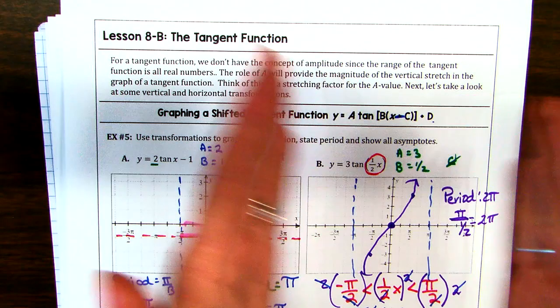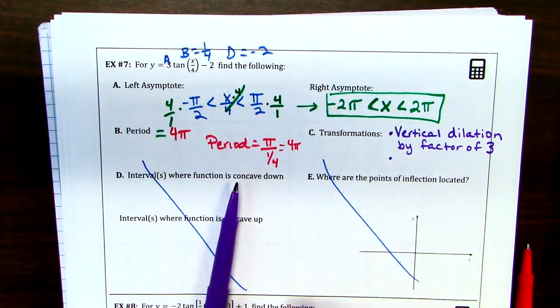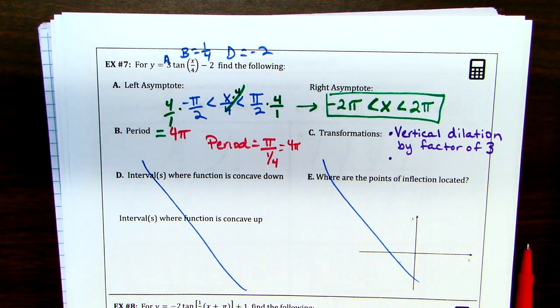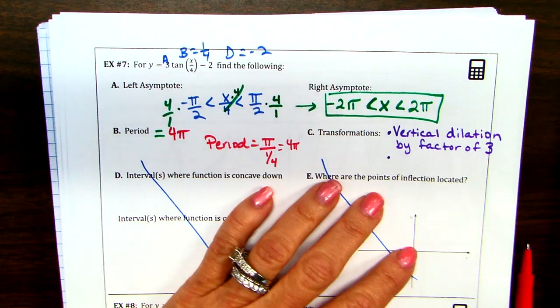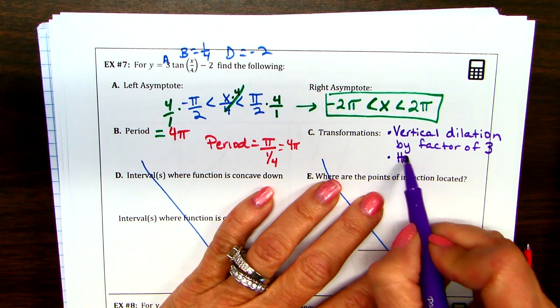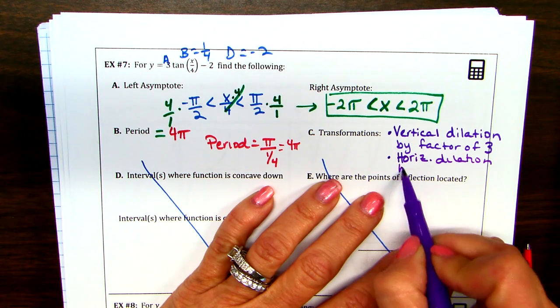We put a B in there, it widened. We put a C in there, it moved it to the left. So no, the C doesn't do that. Only B does that, sorry. C does move it left or right though. Okay, so if there was a C value, we'd say a shift or translation left or right. But we don't have that. All right, so horizontal dilation. Here we go though, by factor of what?